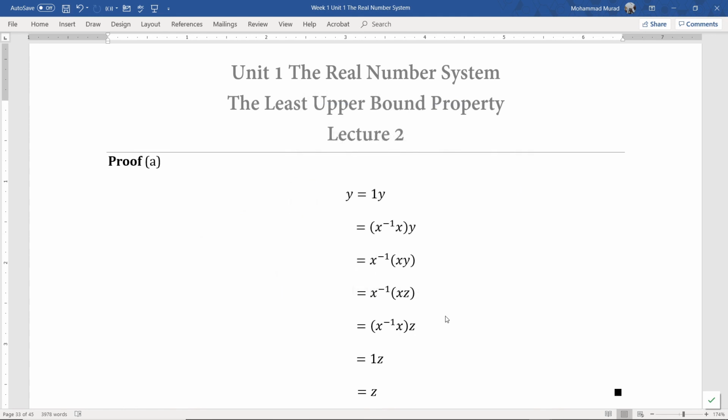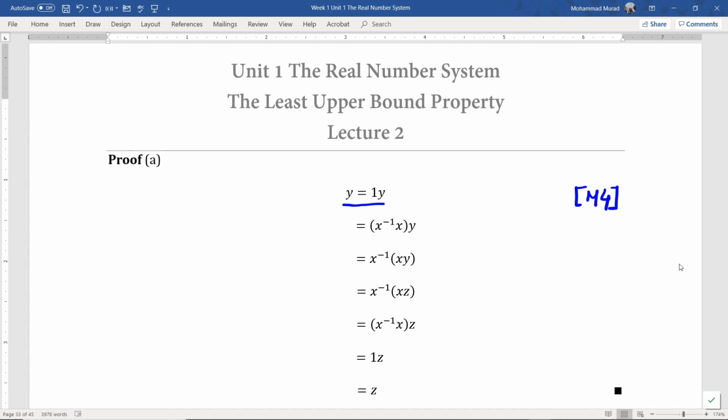Let's have a look at the proof of the statement A. We begin with the statement that y can be written as 1y by the axiom M4.